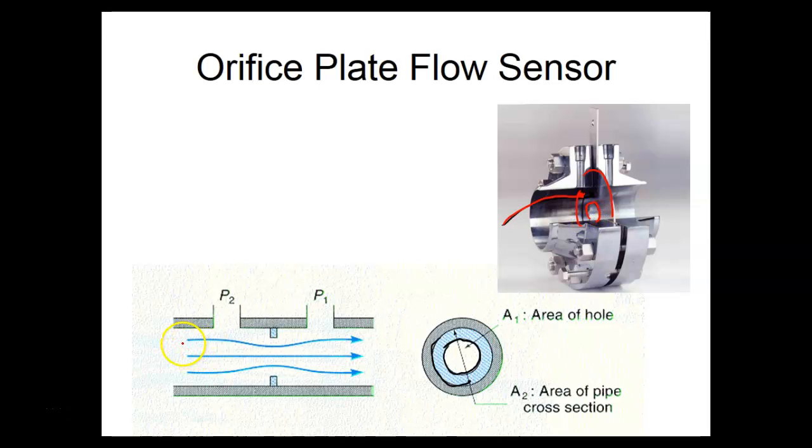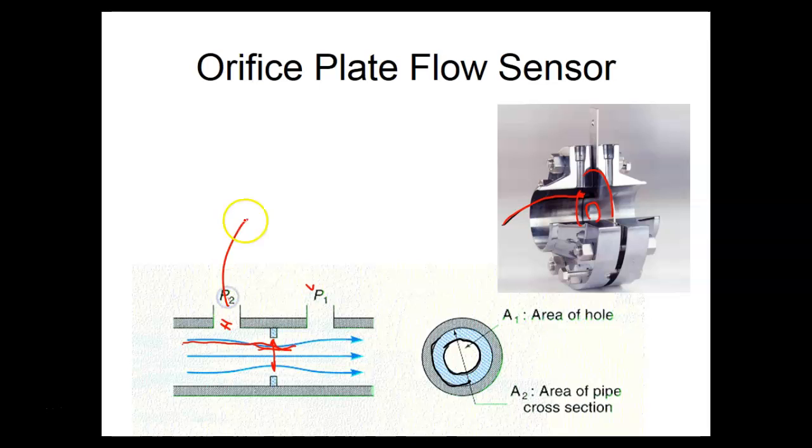So what happens is when the fluid flows, it goes down. The speed increases because it's going through a smaller area, which creates a high pressure on this side and a lower pressure on this side. The pressure differential is equal to the rate of flow. The faster it flows, the bigger the pressure differential; the slower it flows, the smaller the pressure differential.